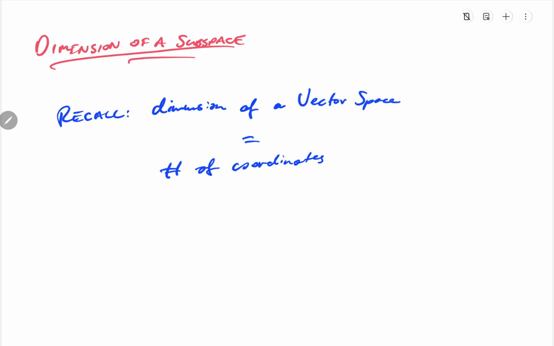We've chatted about this before, but for R2, the 2 is up here. It has two numbers in it, so there are two coordinates in every vector in R2. In R3, there are three coordinates.